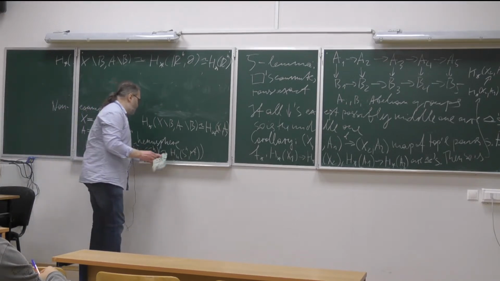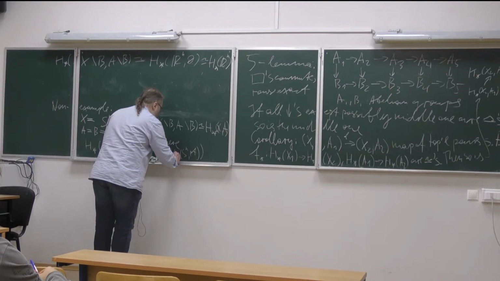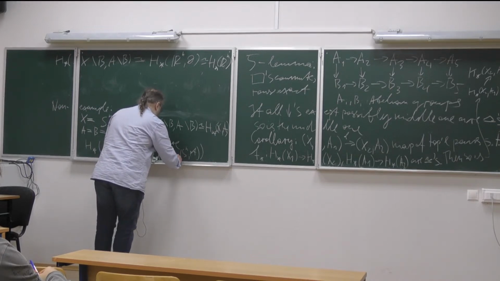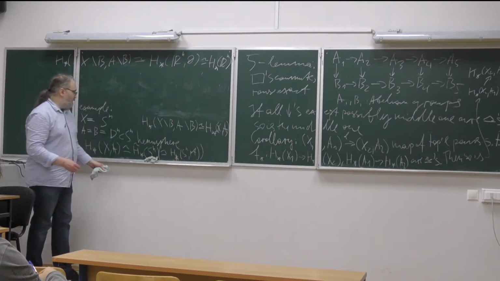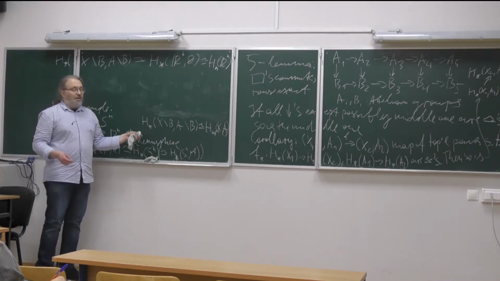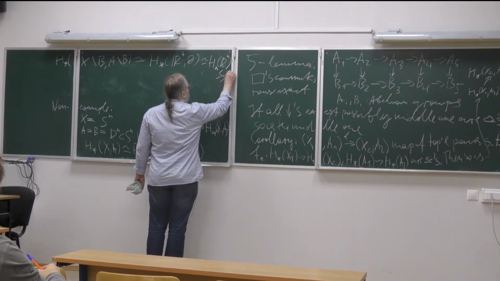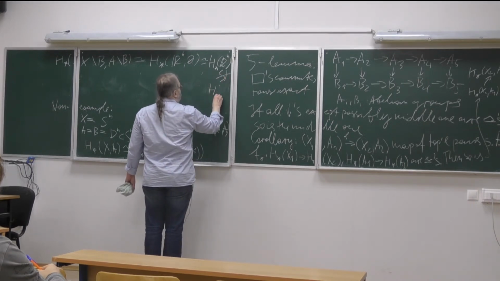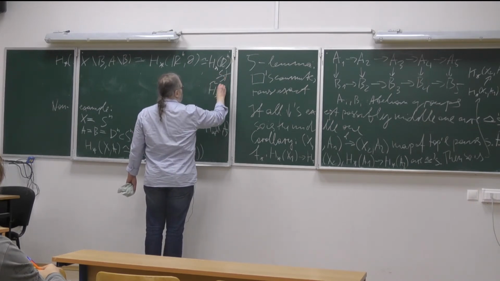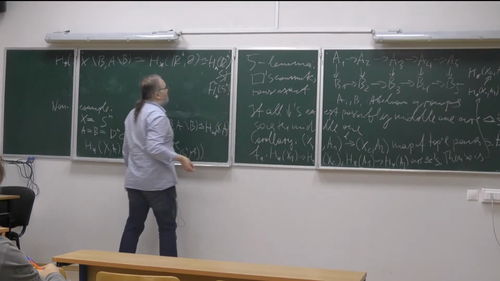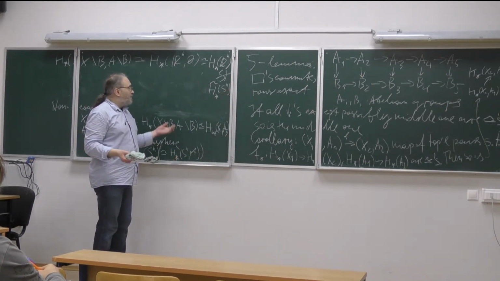Oh, sorry, it doesn't need to be n. So the homology of R^n is not the same as the reduced homology of S^n. Why?